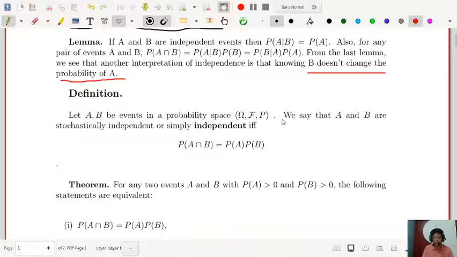So we are talking about this probability space, and A and B are the events in this probability space. We say that A and B are stochastically independent, or simply you can say independent. Actually the statistics term comes from the stochastic word. If and only if probability of A intersection B is equal to probability of A into probability of B.